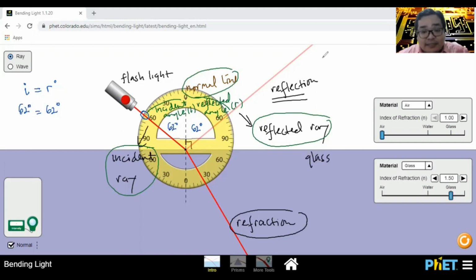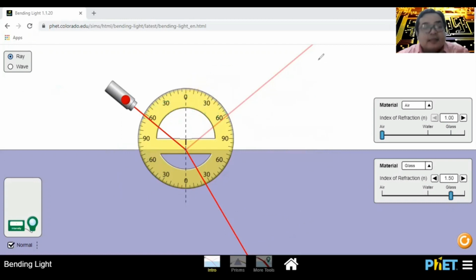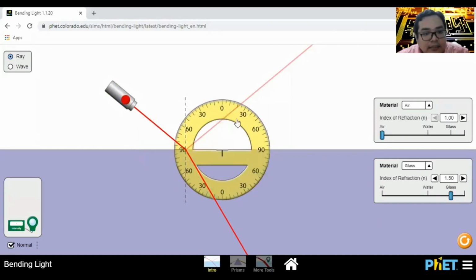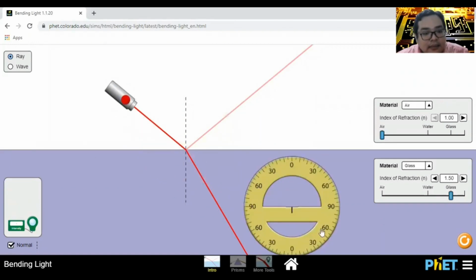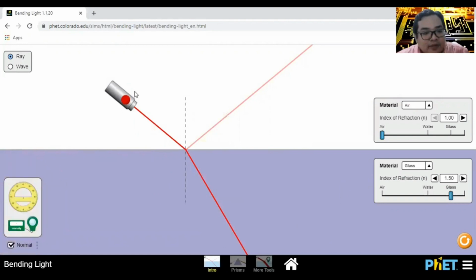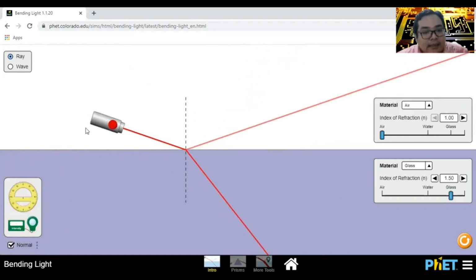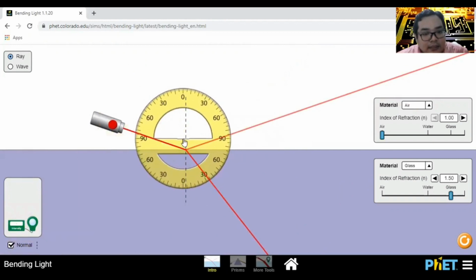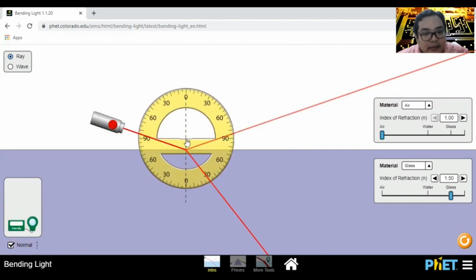Now we check once again. Let me clear everything and change the position of the flashlight. Look at this. I'll put this one first, like this. Now I put my protractor again.